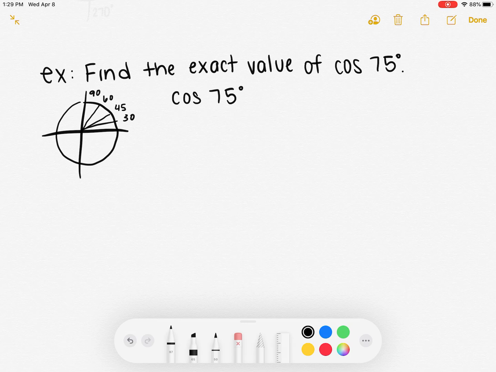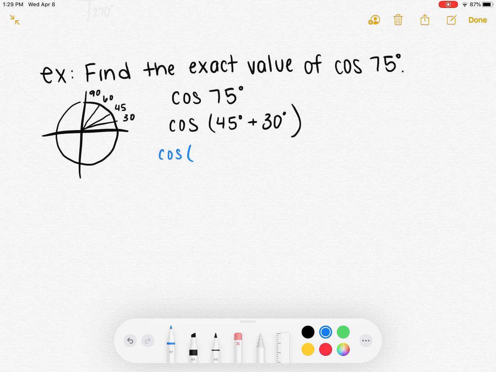So the first thing I notice is I could do cosine of 45 plus 30 to get 75. So now that I know I'm adding them together, I'm going to go back to my list of identities and look and say, okay, what's my rule for cosine when I'm adding two numbers?